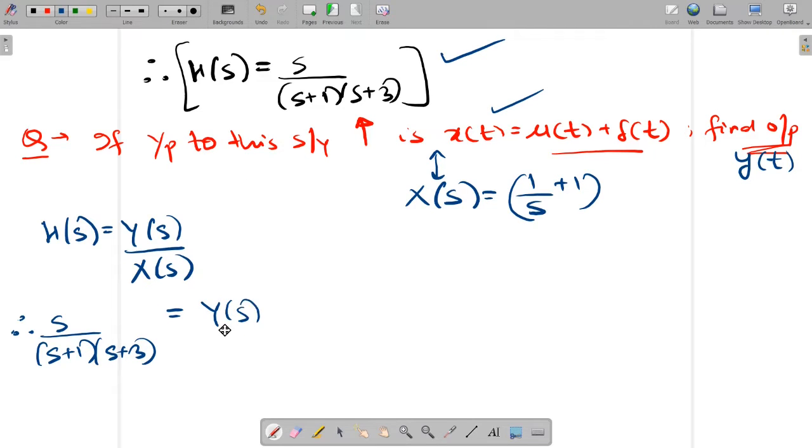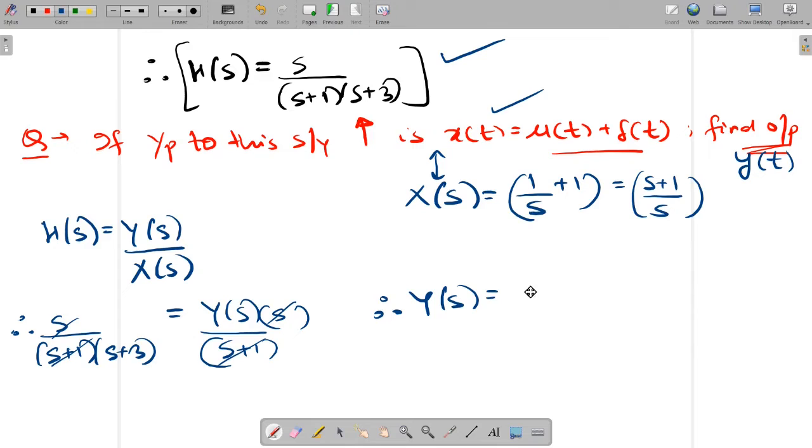What is y of s? Don't know. What is x of s? I can write this as s plus 1 upon s. So x of s is s plus 1 upon s. Let's cut this. So what is y of s? Y of s is 1 upon s plus 3. What is y of t therefore?